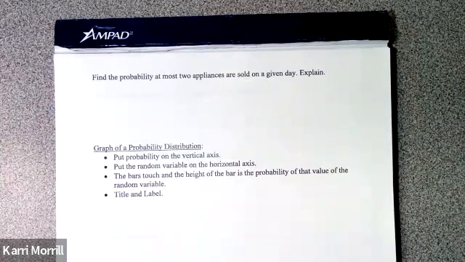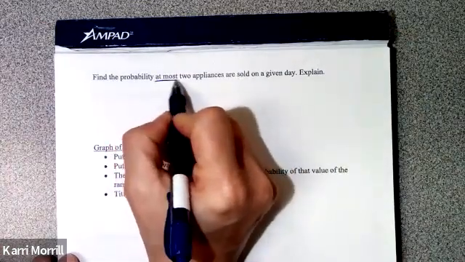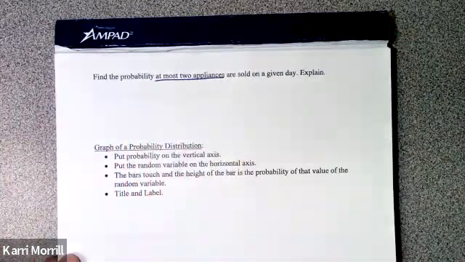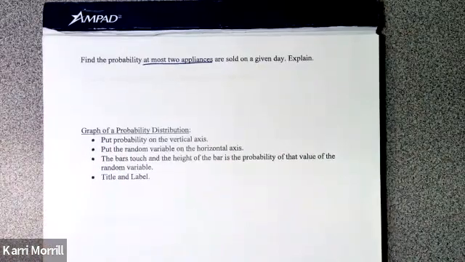All right, so let's turn the page, and it says, find the probability at most 2 appliances are sold on a given day, explain. If it says at most, that means no more than 2.